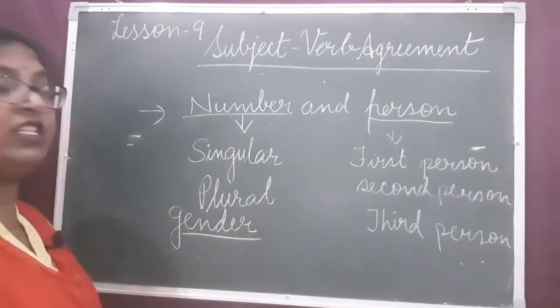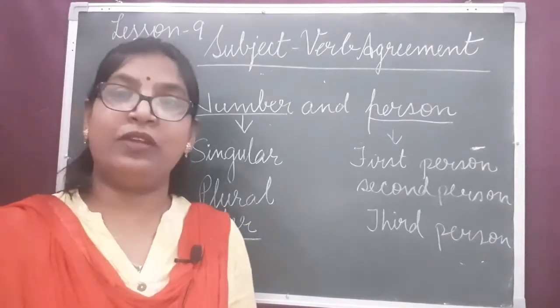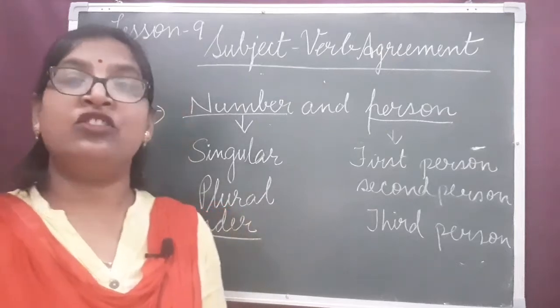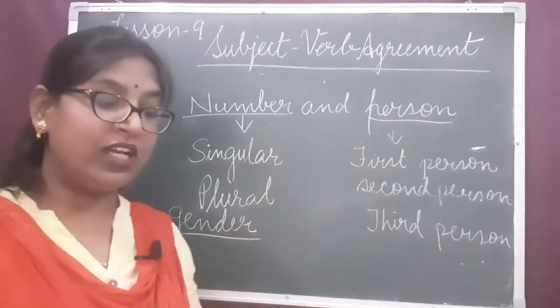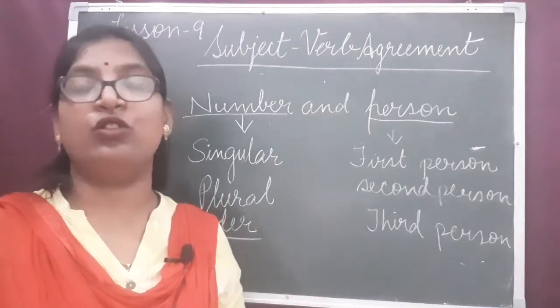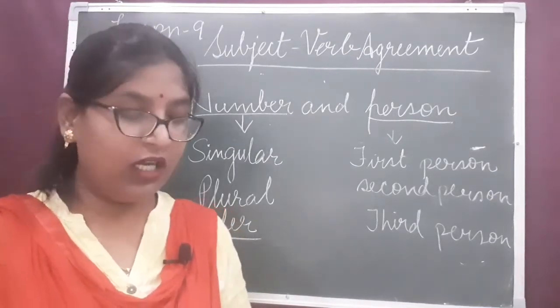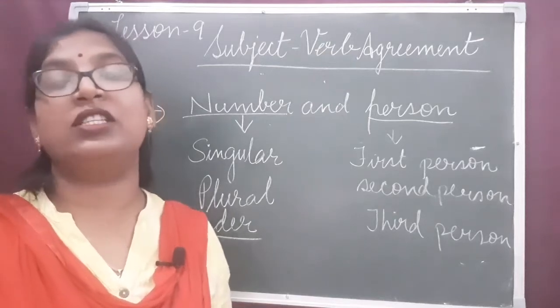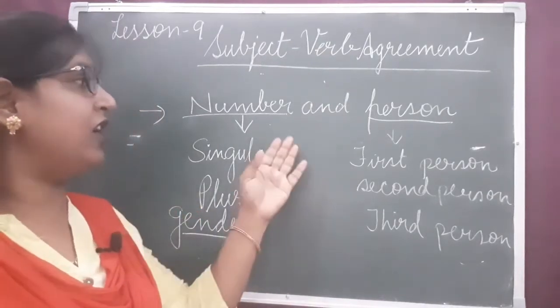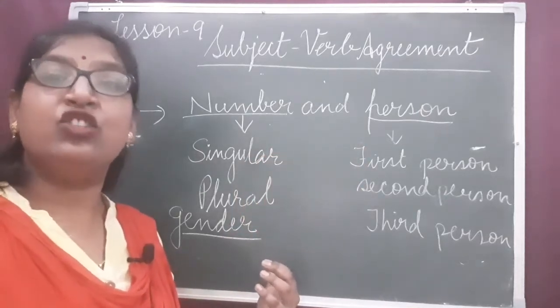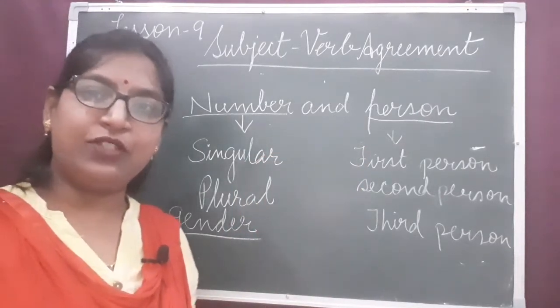Gender means whether it is masculine, feminine, common or neuter. These three terms, number, person and gender of noun, also play an important role in the selection of personal pronouns. Personal pronouns we select as per the number, person and the gender of the subject.